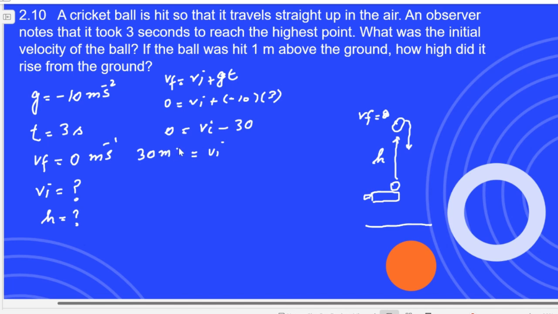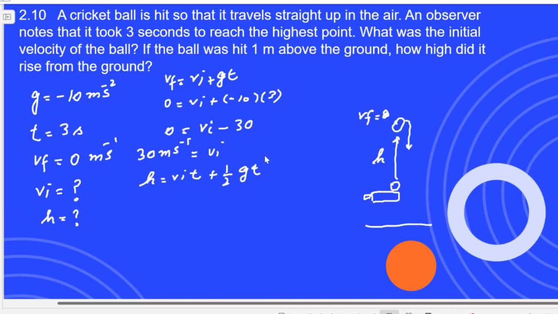And now we have to calculate how high it will go. To calculate the height, we will use the second equation of motion, which is h equals Vi t plus 1/2 a t squared. But since here the gravitational acceleration is involved, we will write it as g t squared.